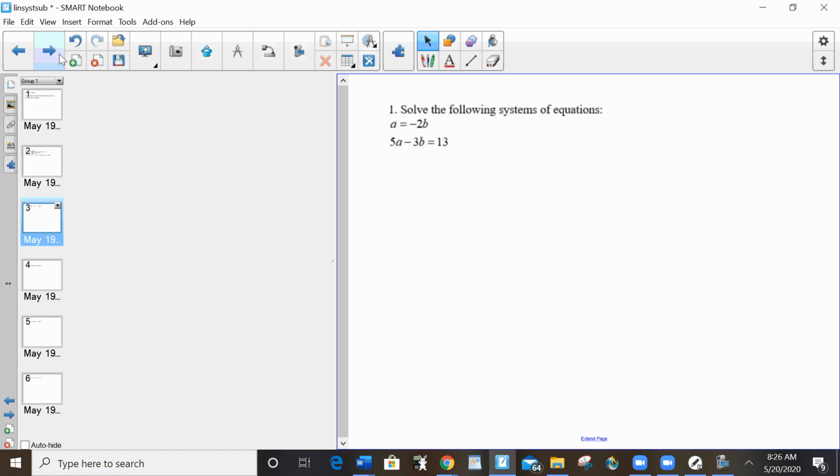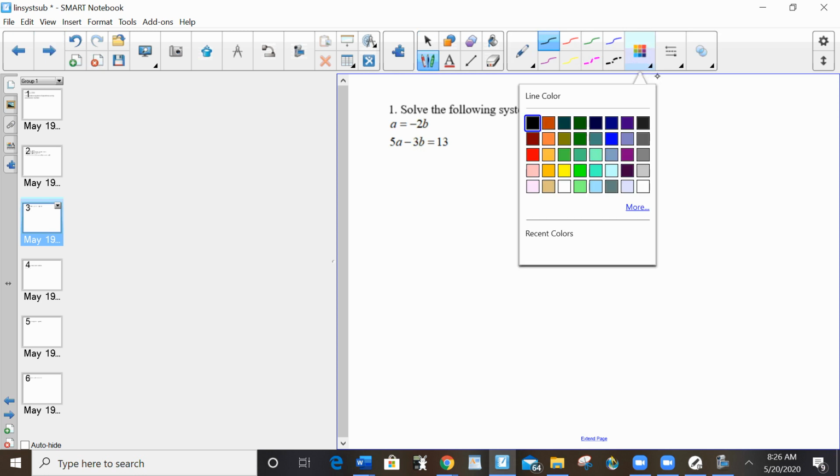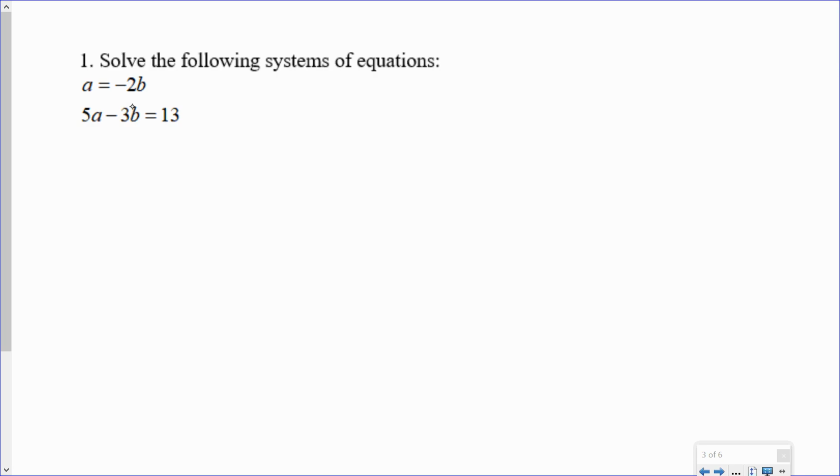So solve the following system of equations. Let's do it. Let's get a nice fun color. Let's get orange. Orange sounds good. So, is everything lined up nicely? No. I have my A's. That's good, but then the equals is with a negative, and it is not lined up nicely.